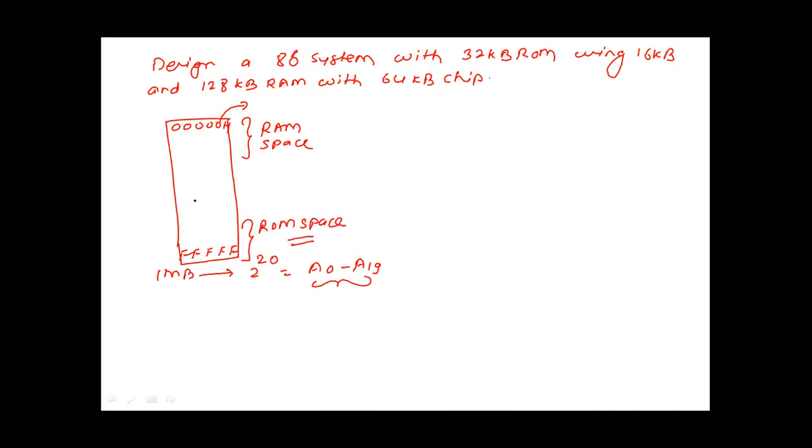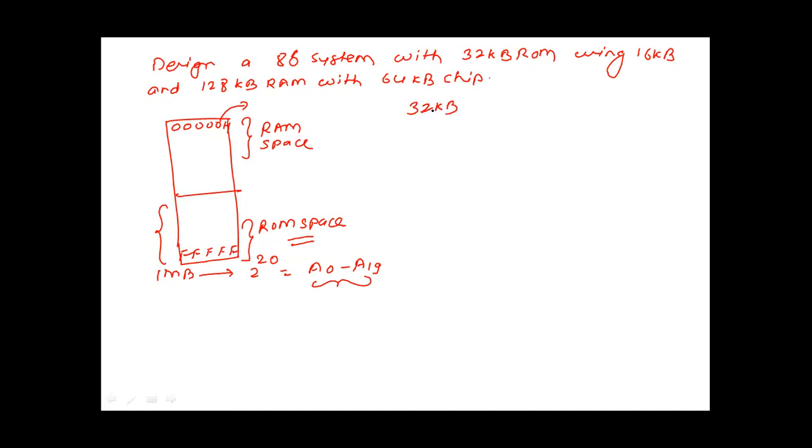Okay, so let's understand how to find out the starting address of the ROM chip. You have to consider the final address location FFFFF and go backwards. If it says 32 KB ROM, what do you mean by 32 KB?